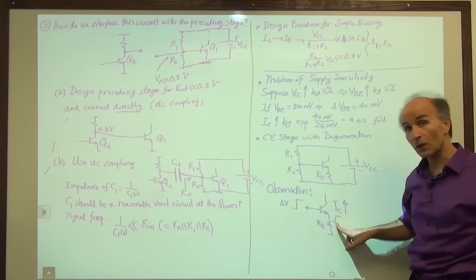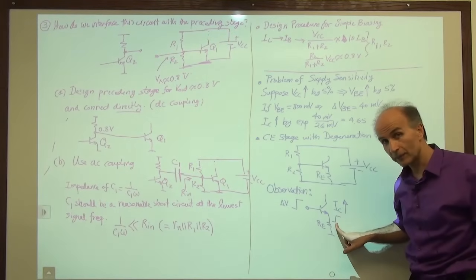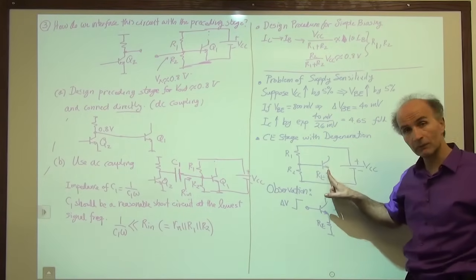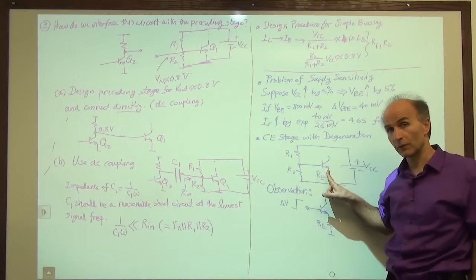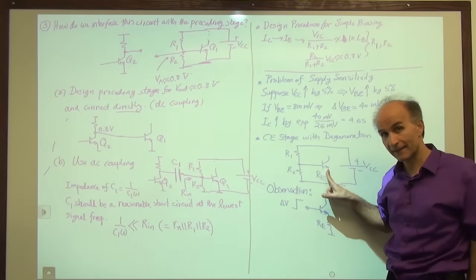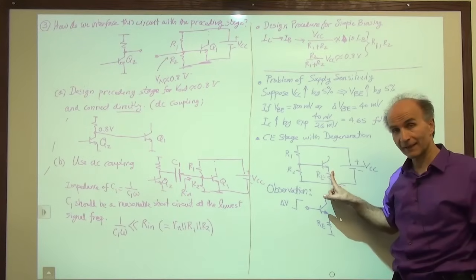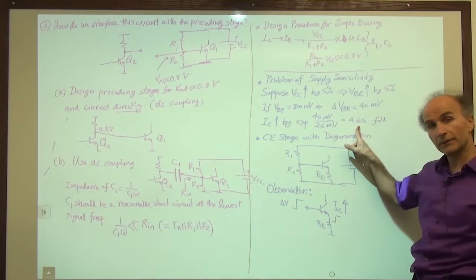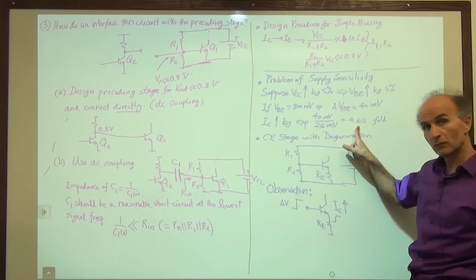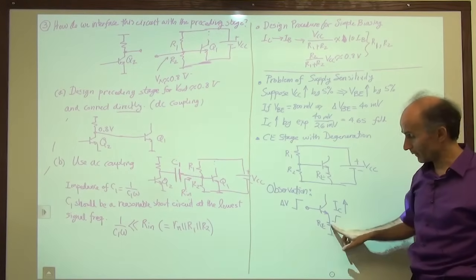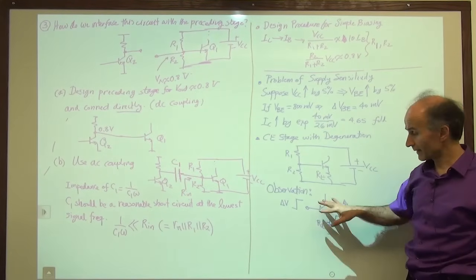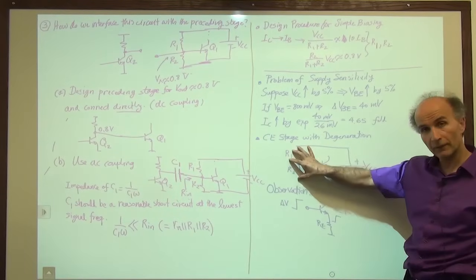The emitter voltage also goes up. That means that the base emitter voltage does not go up by 40 millivolts. It goes up by less. Therefore, the change in the collector current is less than what we had here. So that is the beauty of emitter degeneration in reducing the sensitivity to supply variations.